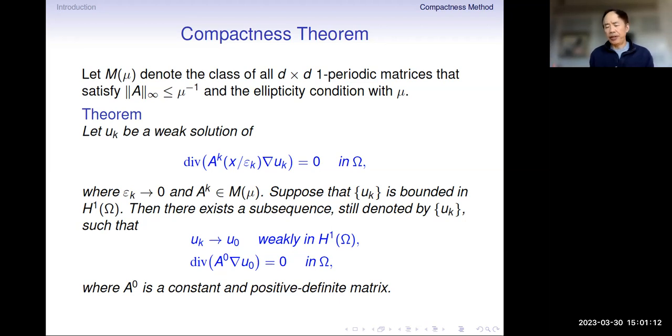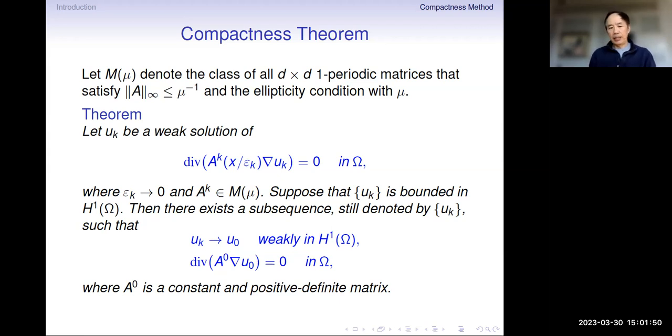This is trivial because we have weak compactness in H1. Any bounded sequence has a subsequence which converges weakly in H1. That's not a problem. The key here is that the limit u0 of this subsequence is a solution to an elliptic equation in divergence form with constant coefficients, A super zero.